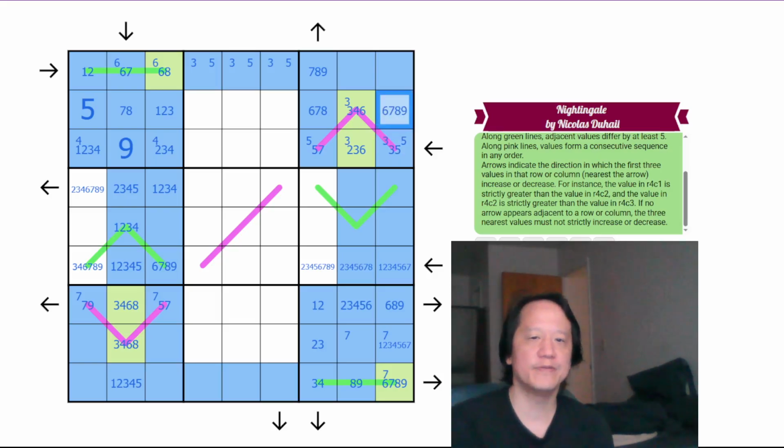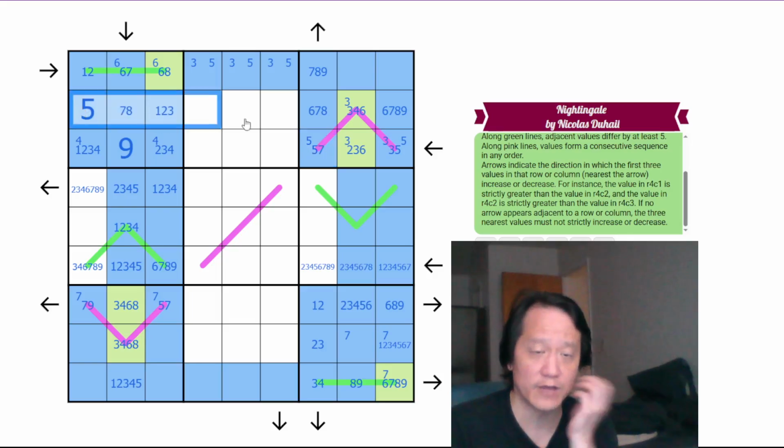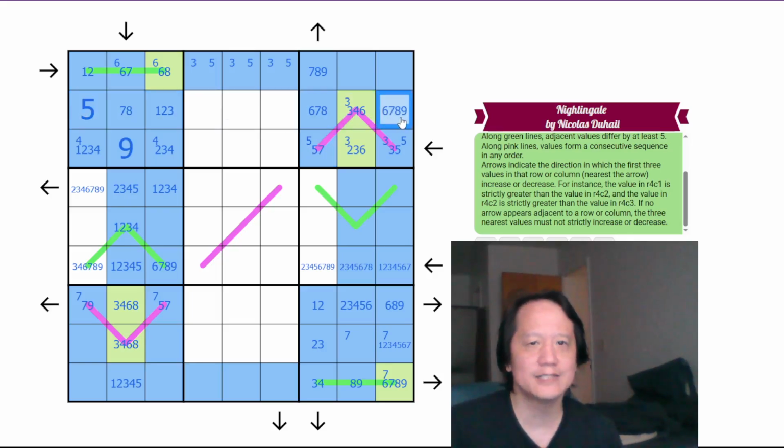And it cannot be 5. Oh, that's interesting. So that means this has to be greater than this, which means it's going to have a 5 in value or higher, but this can't be 5 because of the 5 in the row. So this has to be 6 through 9.